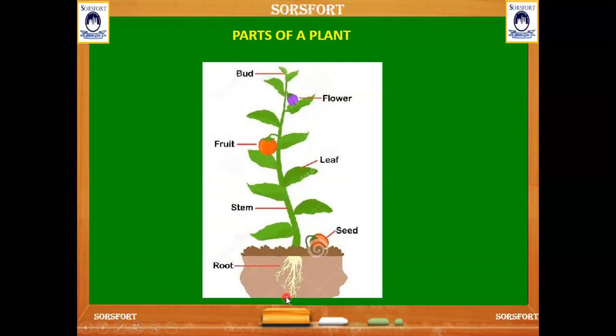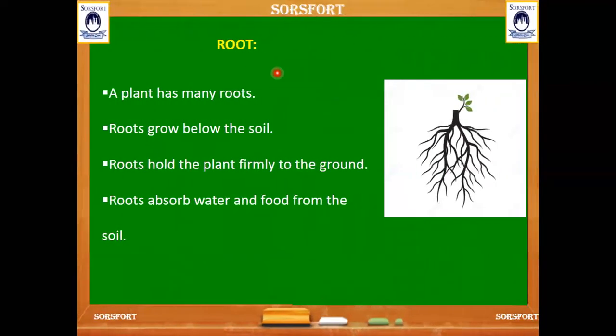These are all the parts of the plant. You can see once again: roots, seed, stem, leaf, fruit, flower and bud. And we can discuss them one by one.